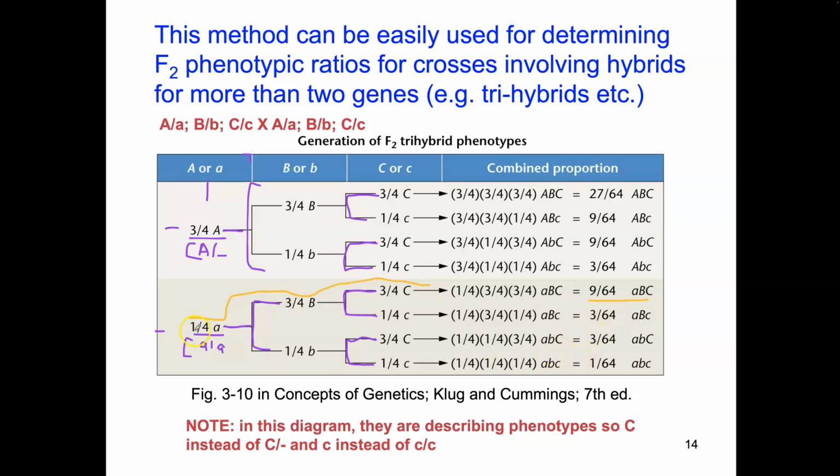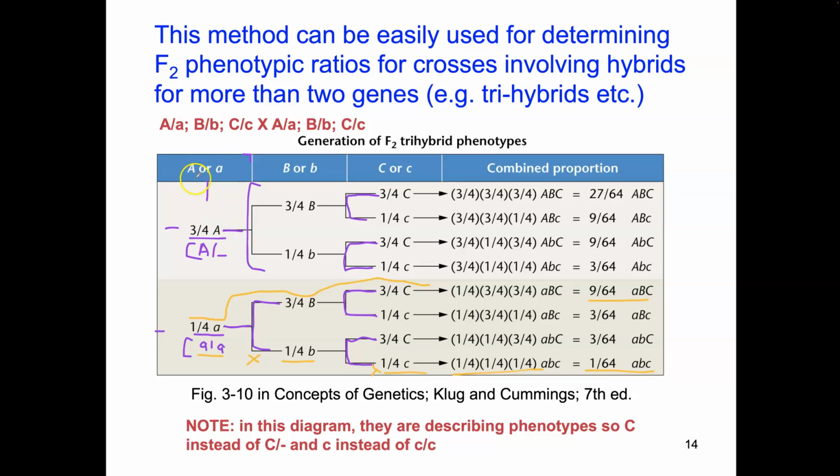Or what is the chance of being recessive for all 3 genes? Well, that's this one times this one times this one, and so we multiply all those together and we get this proportion, this fraction.